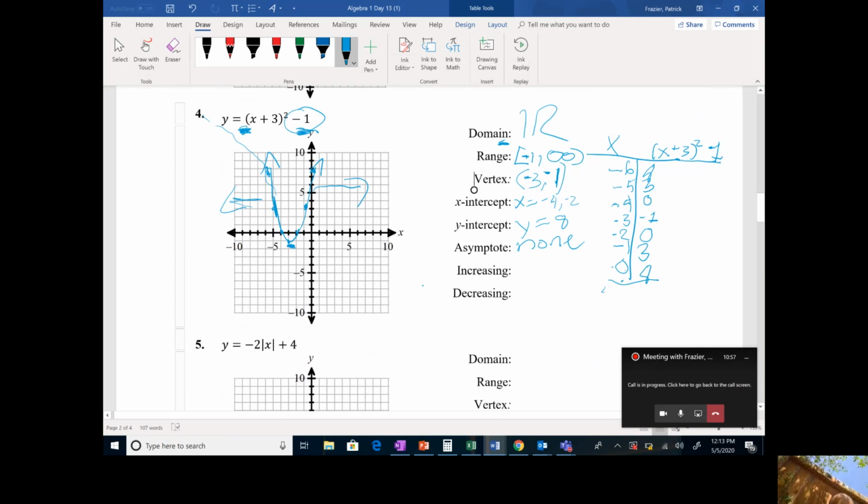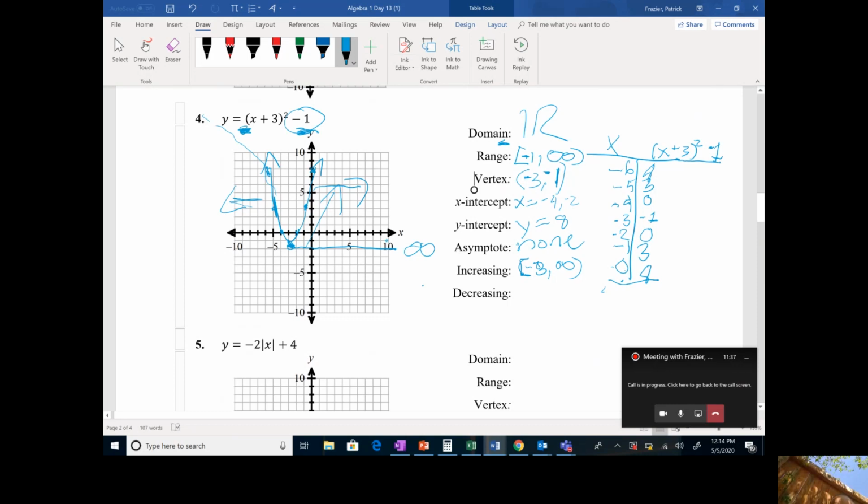Increasing, well, between where x equals -3 and positive infinity, in this area, y is getting higher. So we can say between -3 and positive infinity, use a bracket.